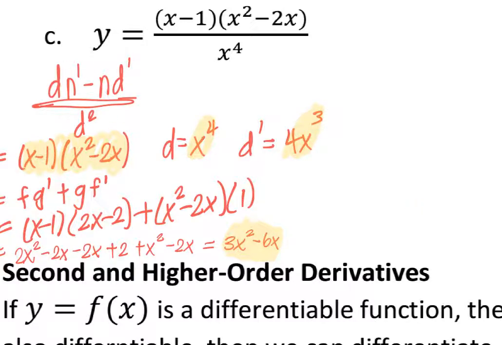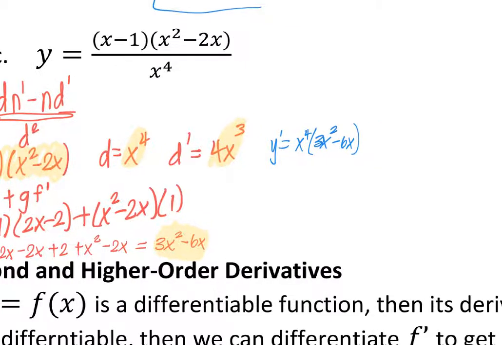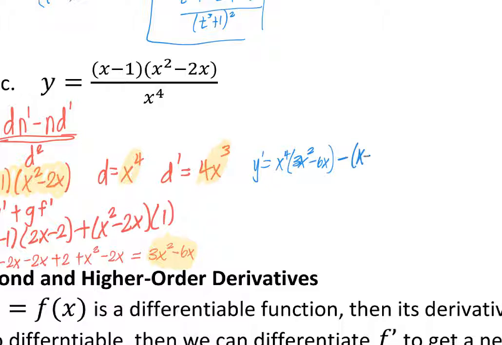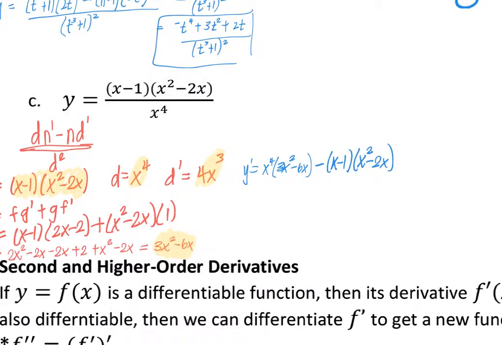So denominator was x to the fourth times the derivative of the numerator, so 3x squared minus 6x, minus the numerator, so x minus 1 times x squared minus 2x, times the derivative of the denominator.